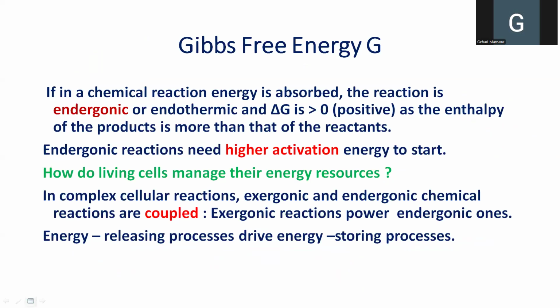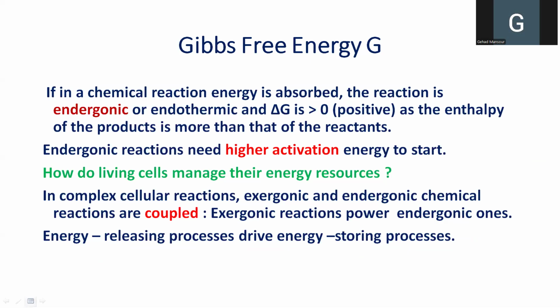If in a chemical reaction, on the other hand, the energy is absorbed, the reaction is considered endergonic or endothermic, and in such a case, the potential energy of the products is more than the potential energy of the reactants, and Gibbs free energy is considered positive. So all positivity and negativity are related to the product energy.